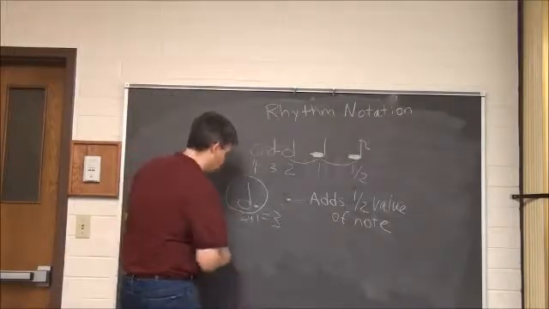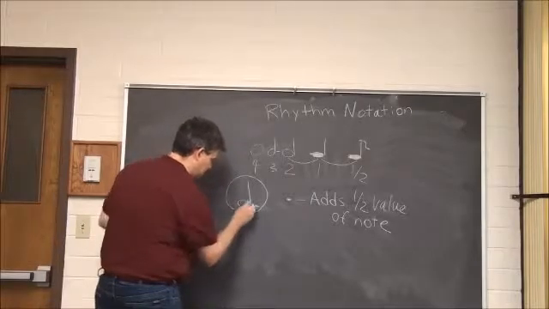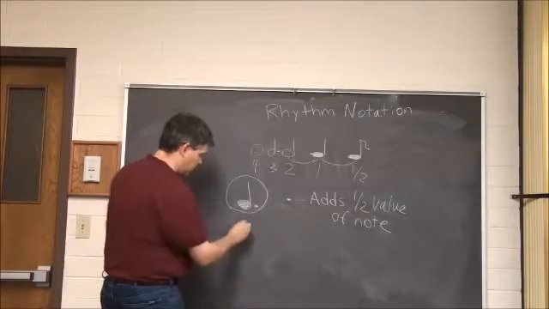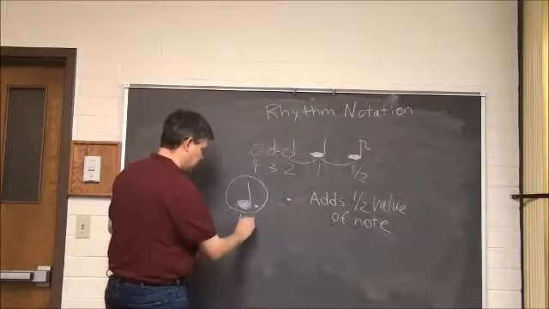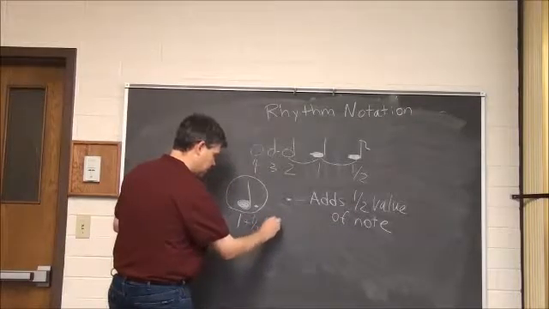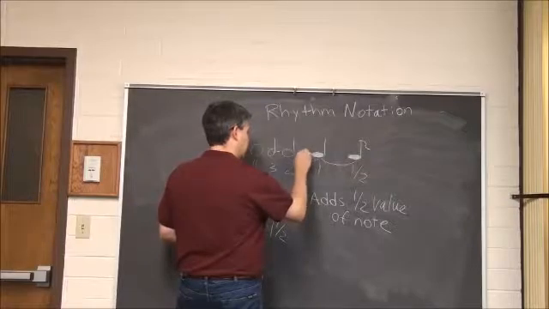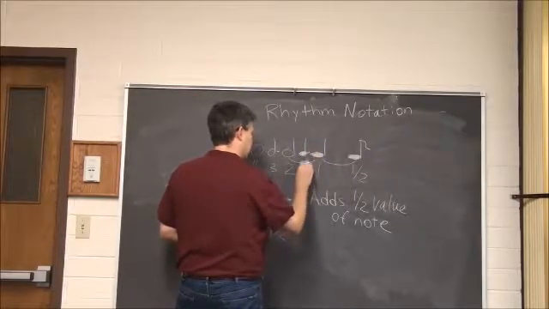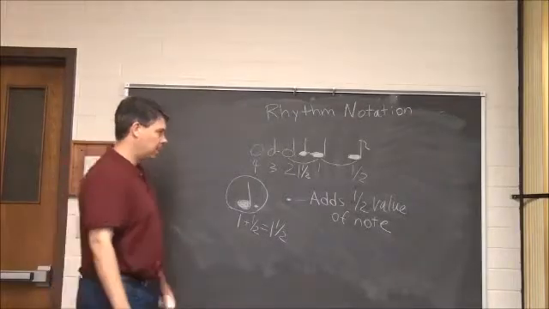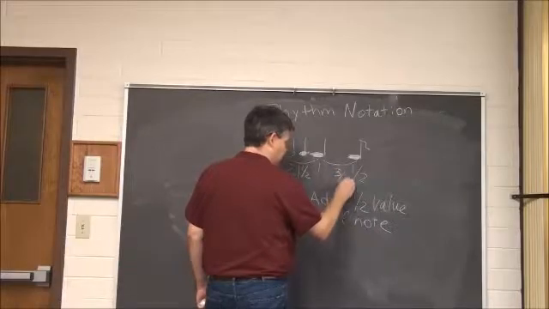Let's do another one. Let's say we have a quarter note with a dot. A quarter note gets 1 beat, and I'm going to add half of that, which is a half. So the one that goes in between here is a dotted quarter note, which is 1.5. And a dotted eighth note would be 3/4.